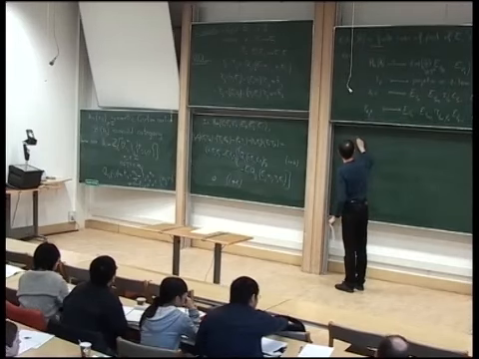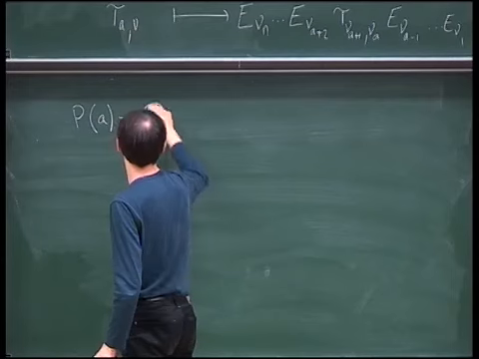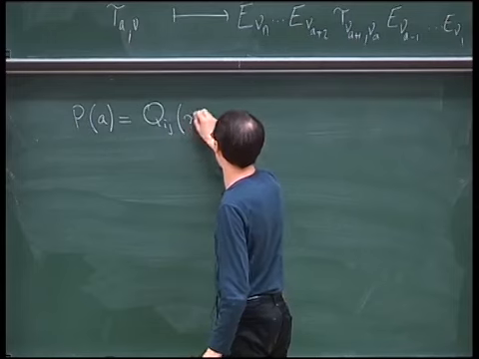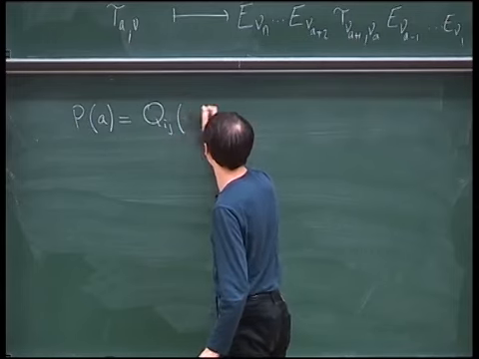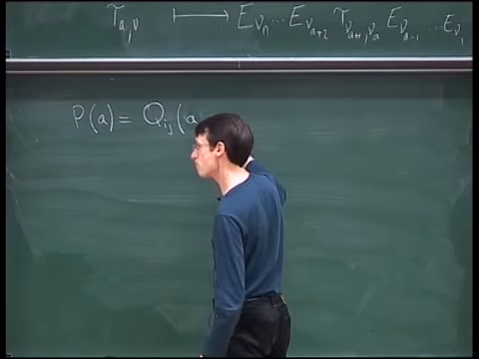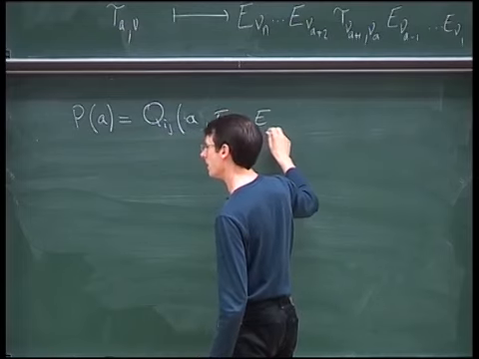You can write P of A as Qij of A, comma, Ei xj Ei.